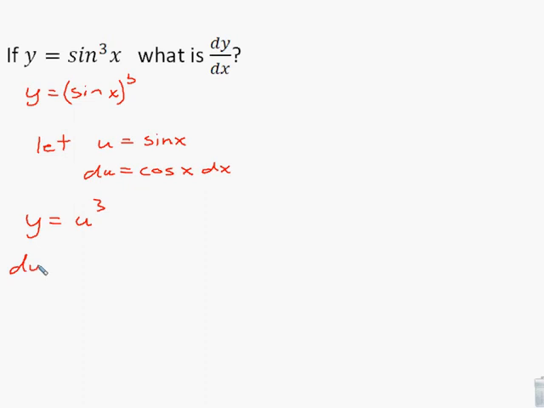Differentiating with the power function, bring the 3 out front. This is 3u squared du. And then substituting back in, we get dy is equal to 3, plugging sine of x back in for u, and then du is cosine of x dx.